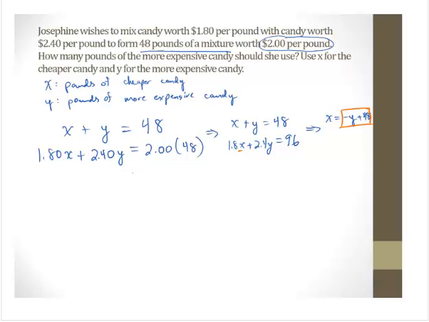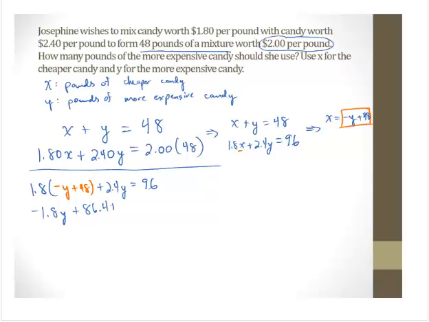Alright, so 1.8 times negative Y plus 48 plus 2.4Y is 96. So negative 1.8Y, using the distributive property here, 1.8 times 48 is 86.4. So plus 86.4 plus 2.4Y is 96. Negative 1.8Y plus 2.4Y is 0.6Y.